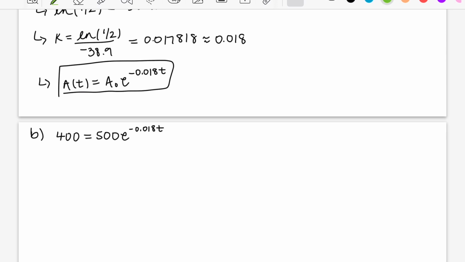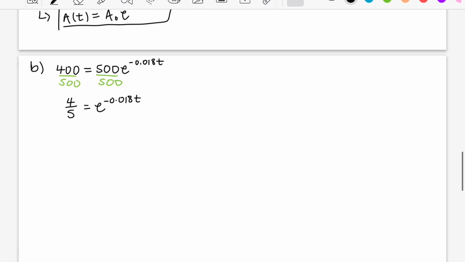First, we'll divide by 500 on both sides. And then simplifying this guy, 400 divided by 500 simplifies to 4/5. And we get e to the negative 0.018 t on the right-hand side. Again, using our natural log here, we get this here, and then we can solve for t. And don't forget the minus sign here.